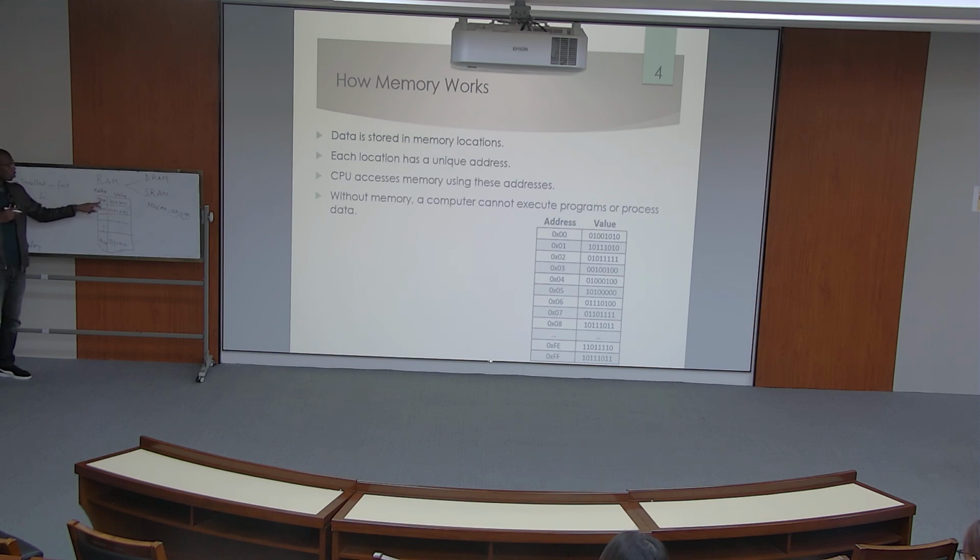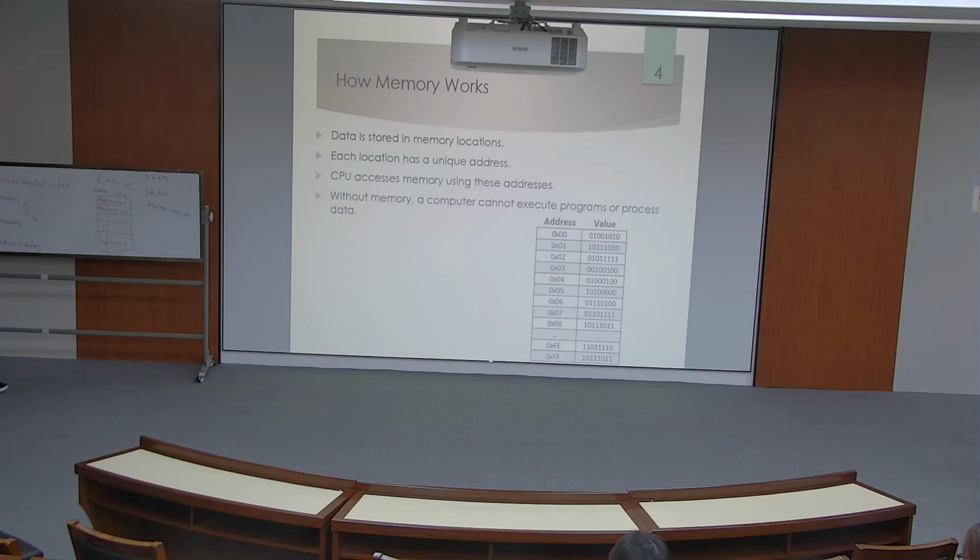Each location has its own memory address. Now, the CPU accesses memory using these memory addresses. For example, if the CPU wanted to get access to this data, it will specifically have to use this memory address 0x01. So I want to retrieve the data at this memory location.